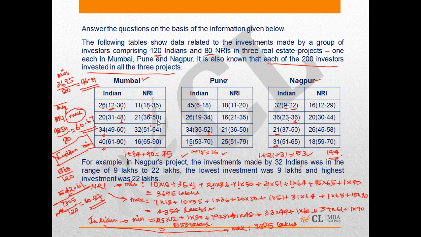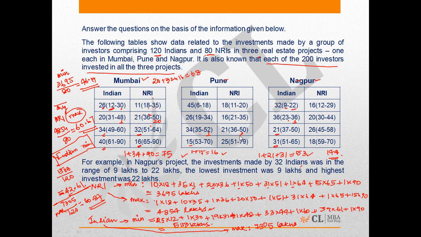If we need to maximize, let's consider 20 out of 21 invested 50 lakhs, remaining 32 and remaining 16. So for Mumbai we have 20 plus 32 plus 16, which gives us 68.